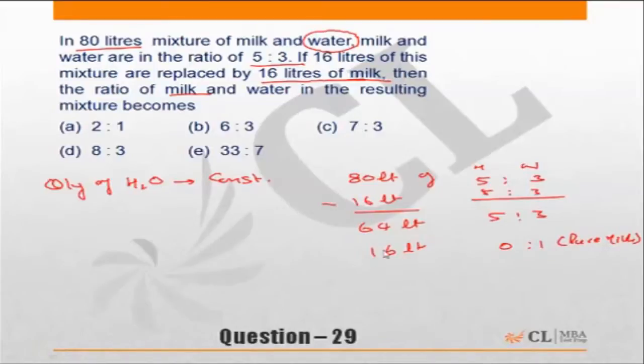One of the things you need to remember in this question is, you are not mixing 80 liters of mixture with 16 liters of milk. You are mixing 64 liters of mixture with 16 liters of milk.